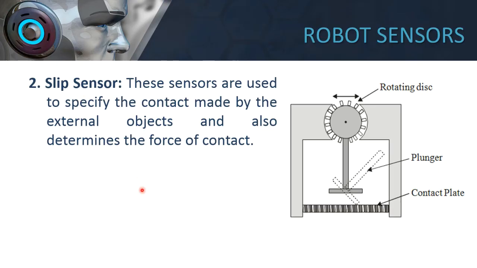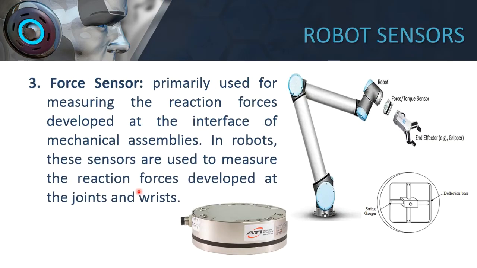That is how the slip sensor works. And then the third type of contact sensor is a force sensor. This force sensor is very much required in a robot to be installed just behind the end effector, because these sensors are primarily used for measuring the reaction forces which are developed at the interface of the mechanical assemblies.